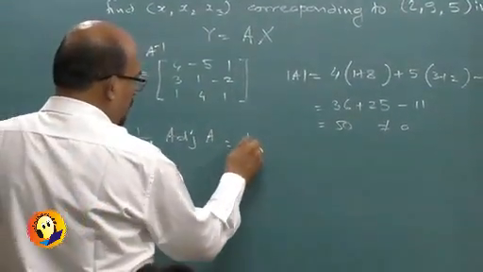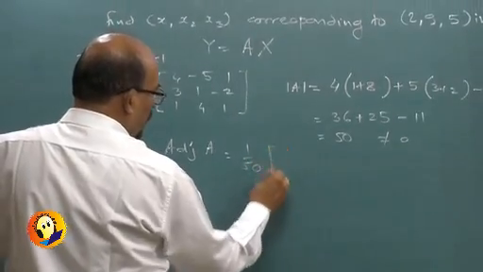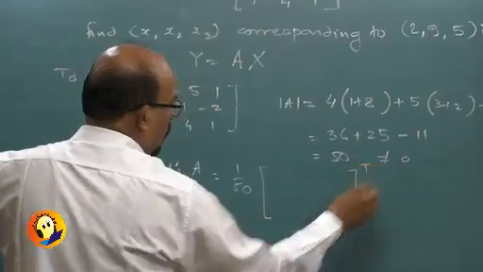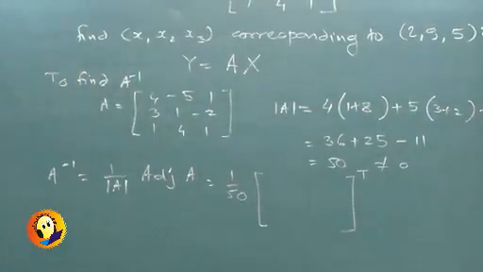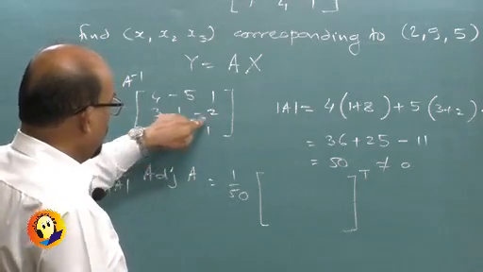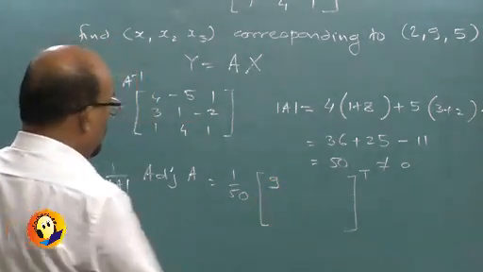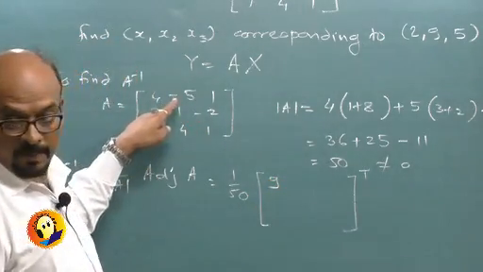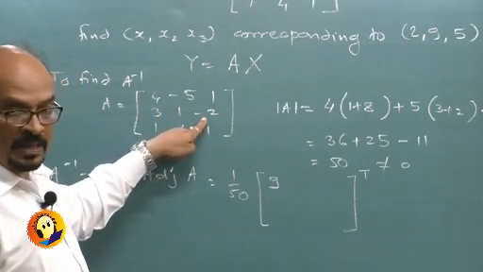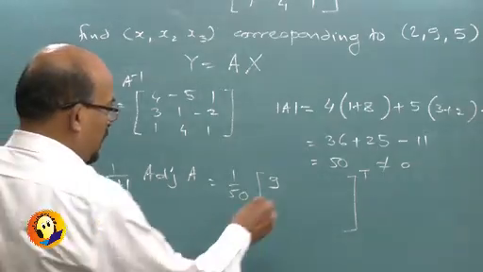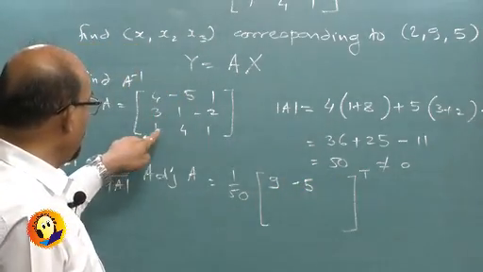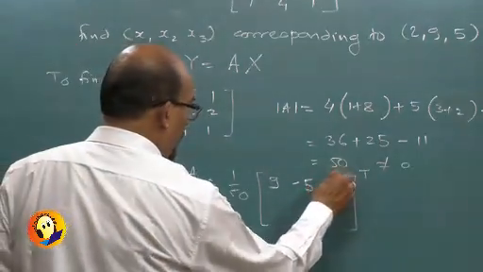So it will be 1 by 50 into the matrix of cofactors and its transpose. The first element, 1 into 1, so this is 9. The second element is 5 with the sign minus, so minus 5. The third element will be 12 minus 1, 11, positive.